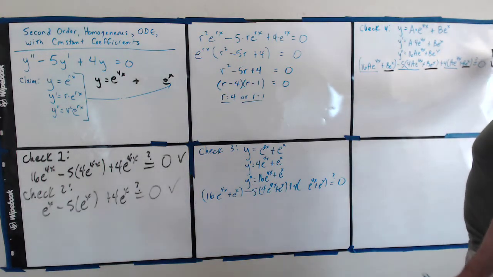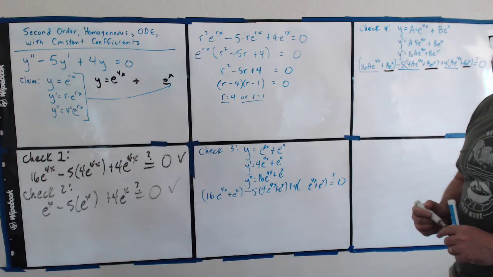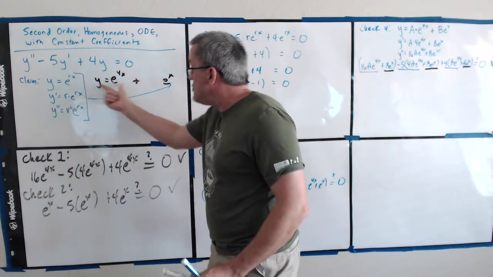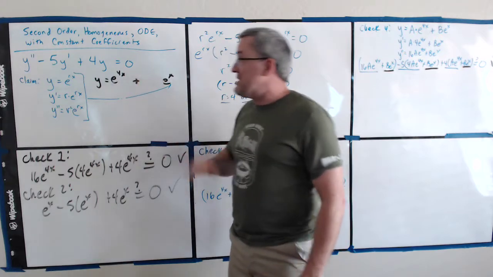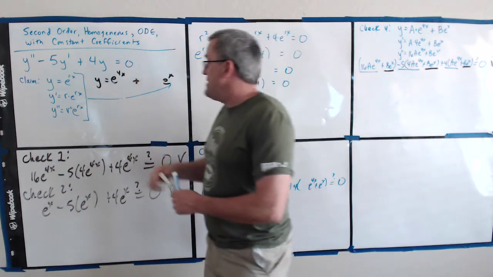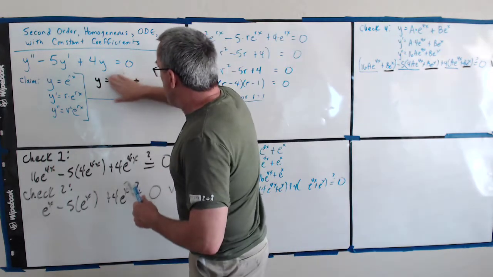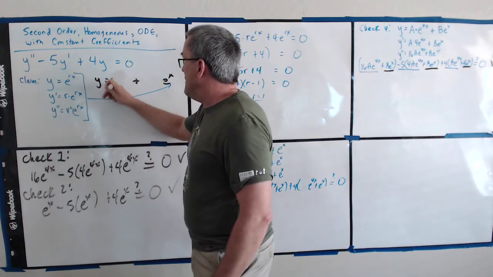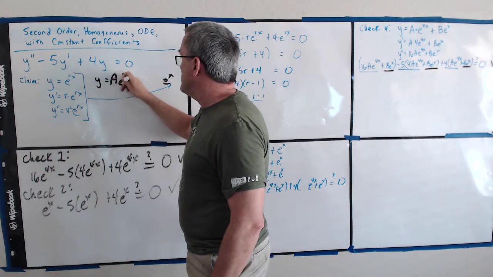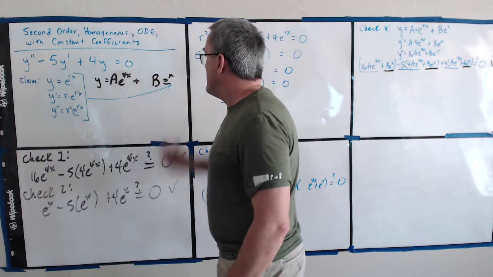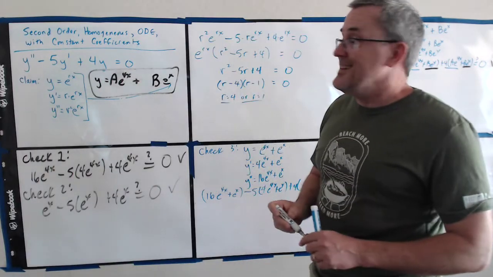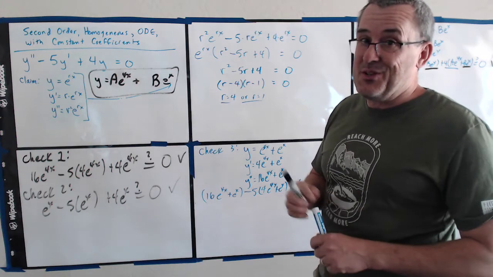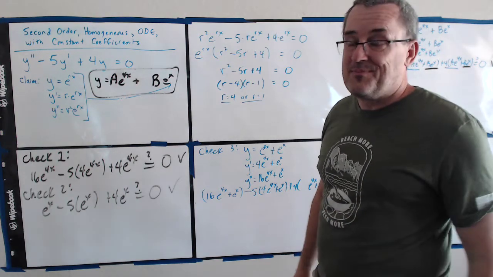So absolutely 0 equals 0. So not only individually do these two functions solve this differential equation, their sum solves the differential equation, but also any multiple of each of those. So a e to the 4x plus b e to the x. This is our solution to this second order homogeneous differential equation with constant coefficients.